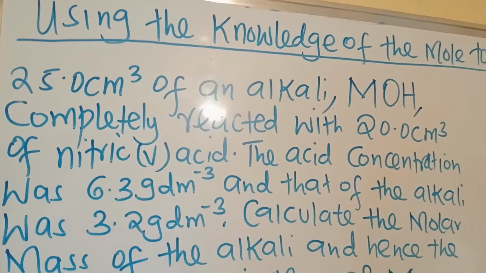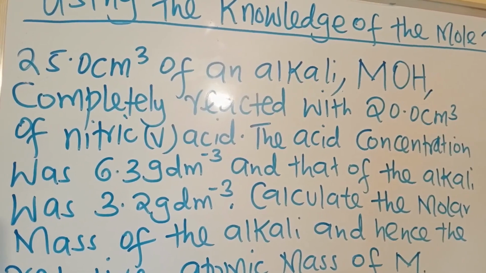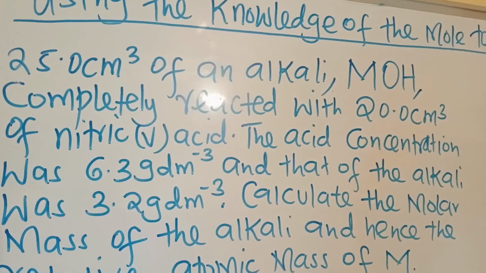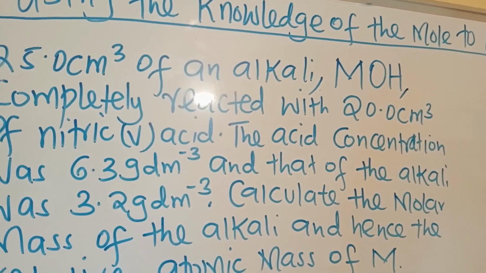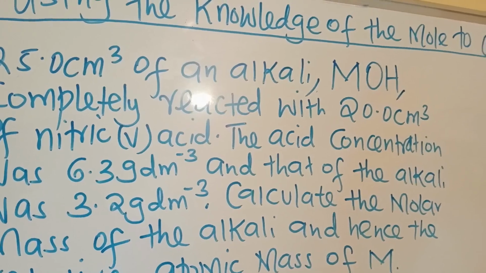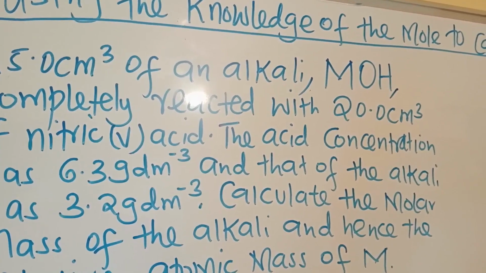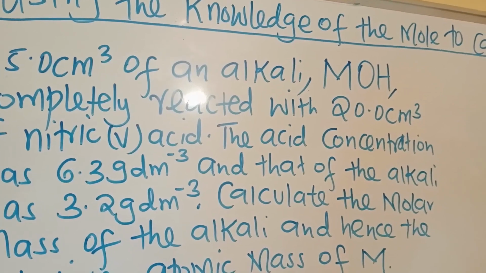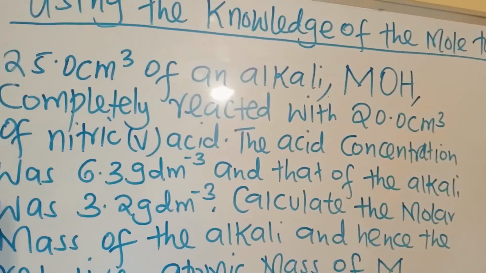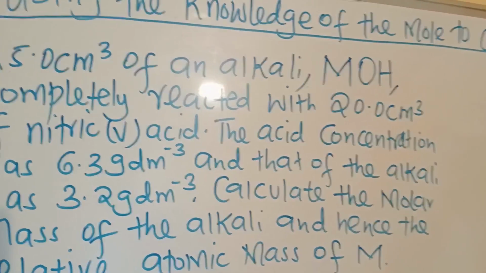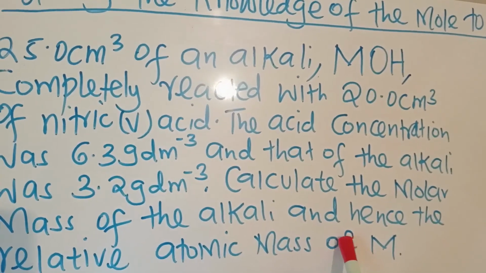So let me begin by reading the question. 25.0 centimeters cubed of an alkali, and this alkali has been given the formula of capital MOH, where capital M is just a letter to represent a certain element that you can see down here.